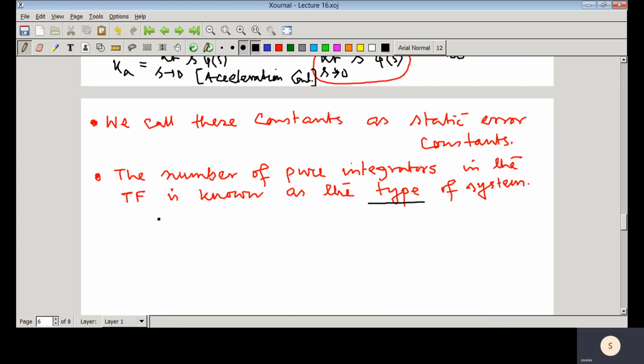For example, no integrator. Suppose you have a transfer function G(s) equal to 1 by s plus 1. There is no integrator, no pole at origin. So this particular transfer function is called a type 0 transfer function. Now suppose one integrator.